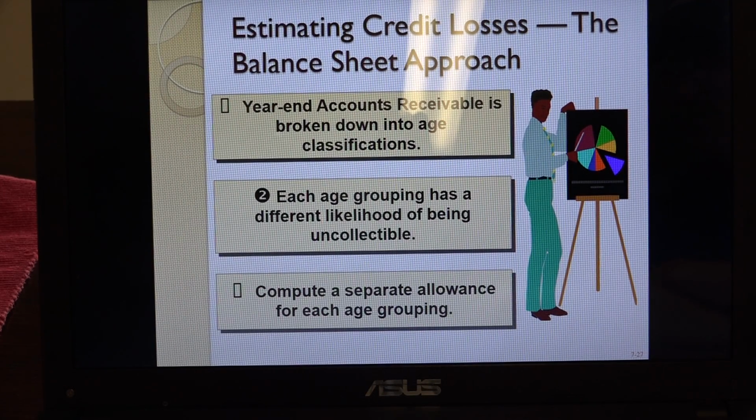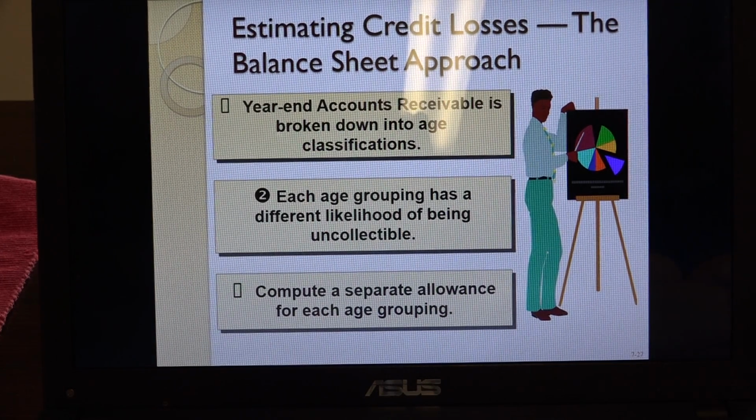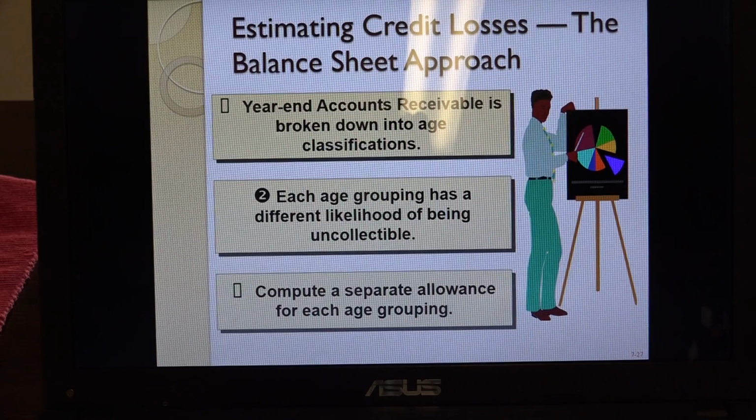So there you might want to say, okay, well, I predict 2% of it will be uncollectible. You multiply the bottom line figure in the current column, let's say it's $1 million, by 2%, and that's the amount in the current column you predict is uncollectible.